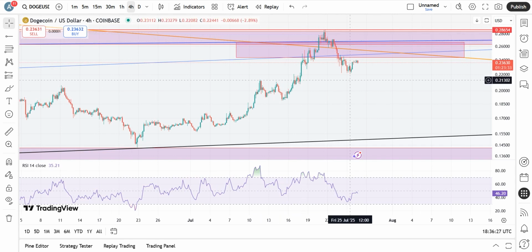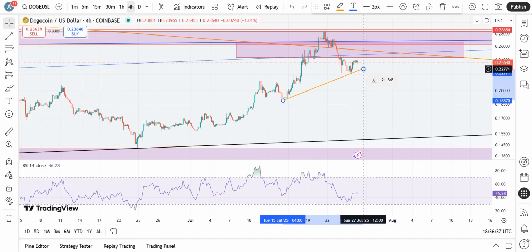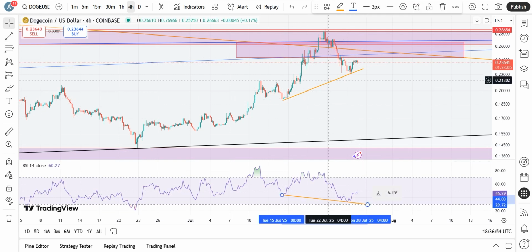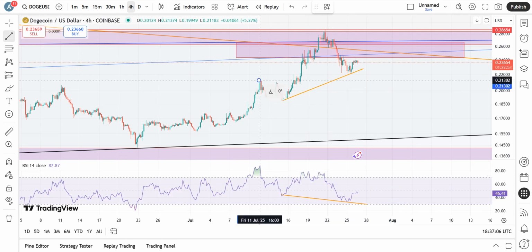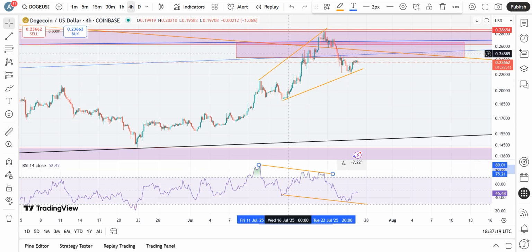For this pivot right here and right there, if we connect them together, you can see a trend that is going upward. It shows that the price has been increasing, but the same pivots in the indicator have different directions. Also, right there, by connecting these two, you can see the same thing right here.